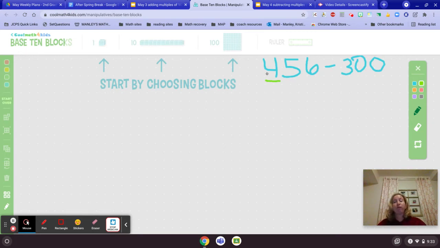So that means we have 4 100 pieces. We're subtracting 300. That means 3 100 pieces. So how many of those would be left? Okay. Did we mess with the tens or the ones in that case? You're right, we didn't. So how much would be left if we started with 456 and we took away 3 of those hundreds? Did you get that answer in your head?